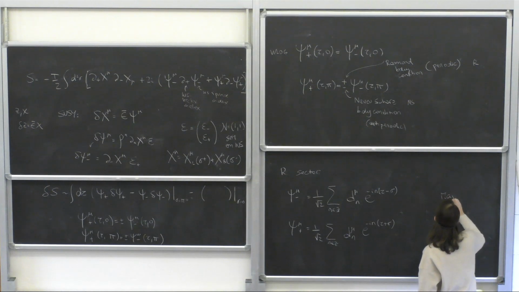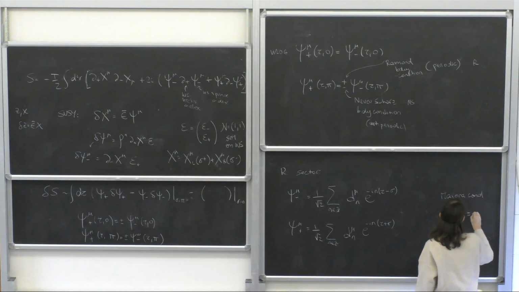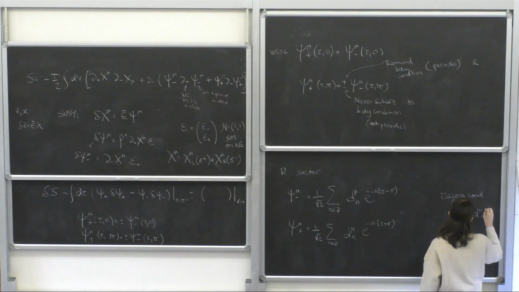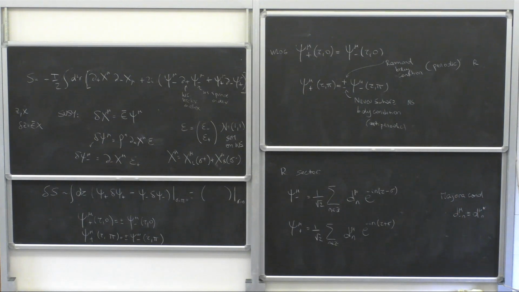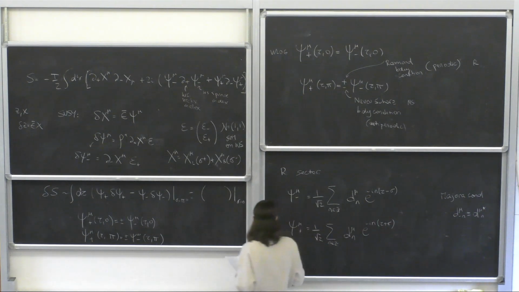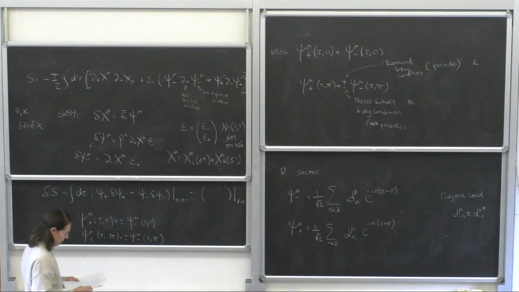So the Majorana condition tells me that d mu minus n is the conjugate of d mu n. They will be operators, and as operators, one is the Hermitian conjugate of the other, so some are going to be creators, and the others are going to be annihilators.